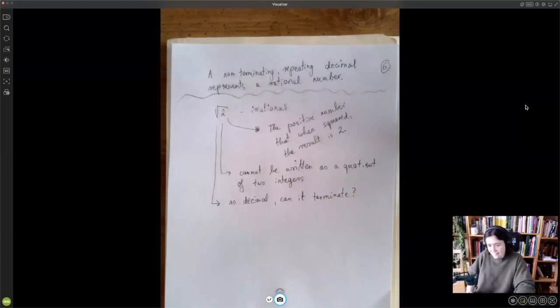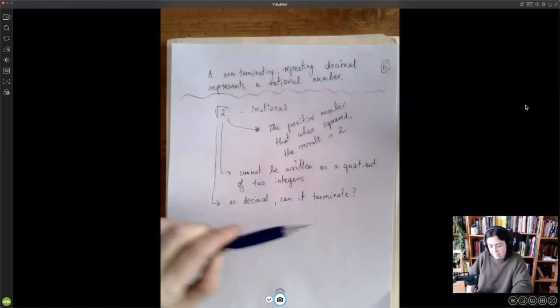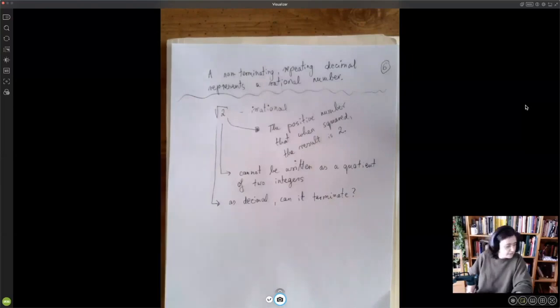No, it can't, because if we can write the number as a terminating decimal, we agree that terminating decimals represent rational numbers, but square root of 2 isn't rational, and we actually proved that. So the decimal presentation of an irrational number cannot be terminating, because terminating decimals always represent rational numbers.